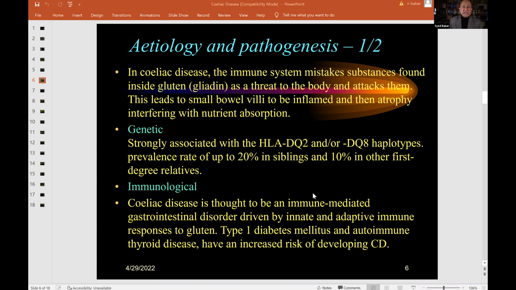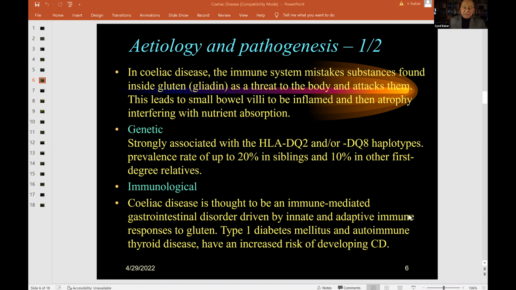The other way celiac disease develops and progresses is thought to be immunological. Now, celiac disease is thought to be an immune-mediated GI tract disorder driven by innate, previously existing, and adaptive immune response to gluten. So there are agents available in the body which attack gluten in an unusual way.